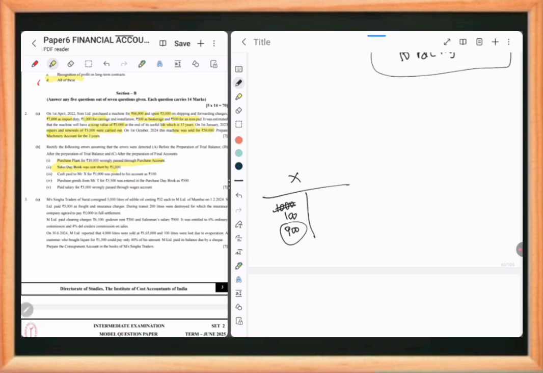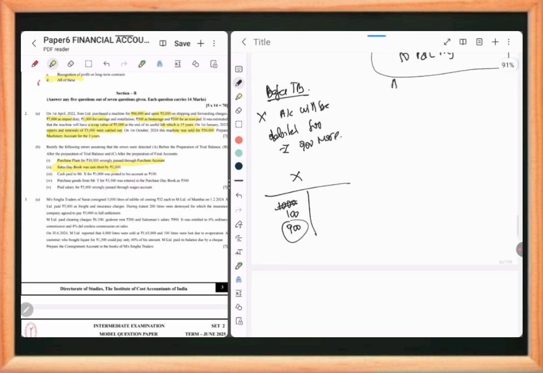So in the case of before trial balance, what we will write: X account will be debited for rupees 900 more, that is correct, before trial balance. If it is after trial balance, what will be the answer?